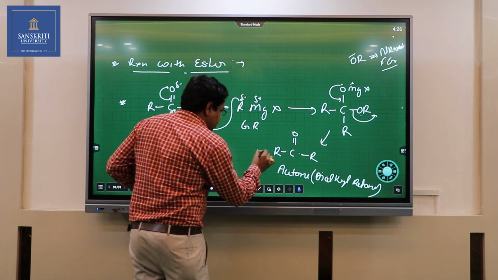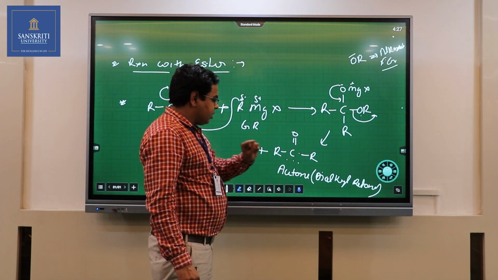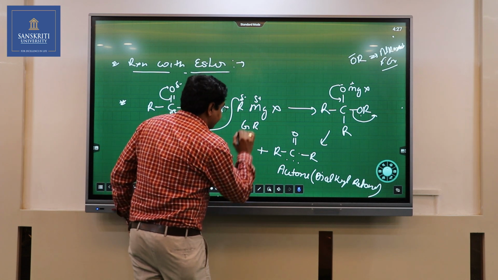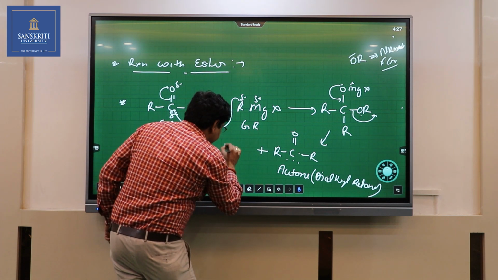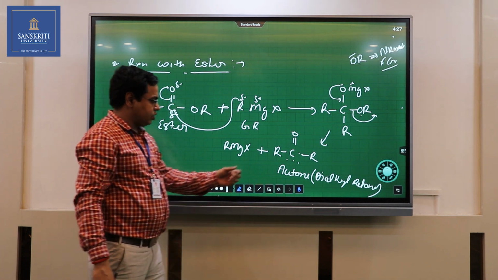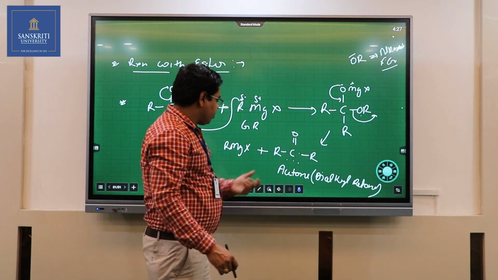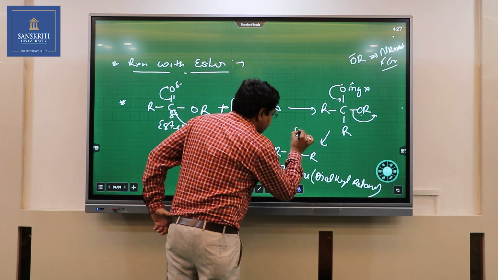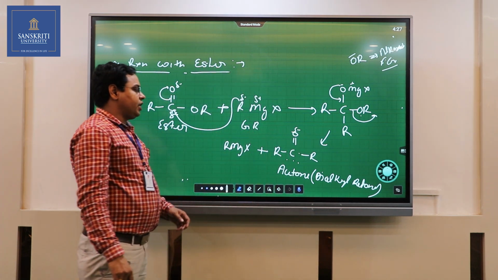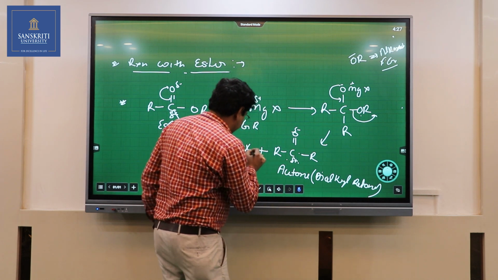After that, this acetone dialkyl compound reacts further with RMgX. Because of the carbonyl group, the oxygen is assigned a negative charge and the carbon atom a positive charge.